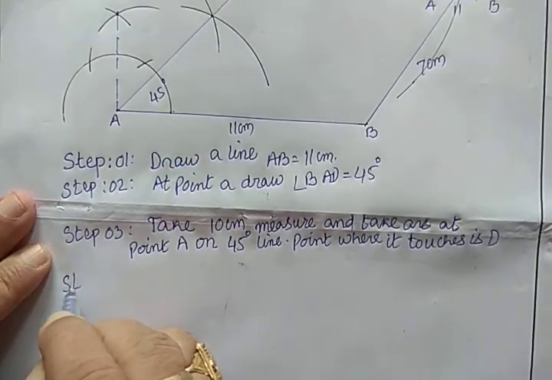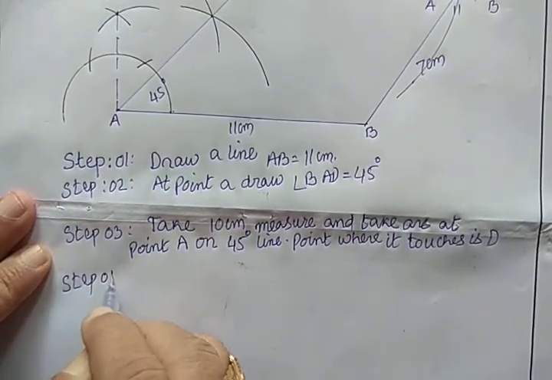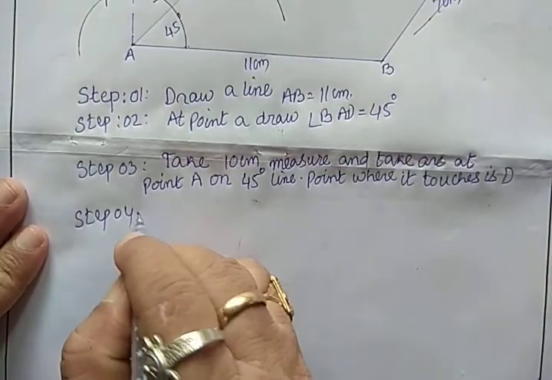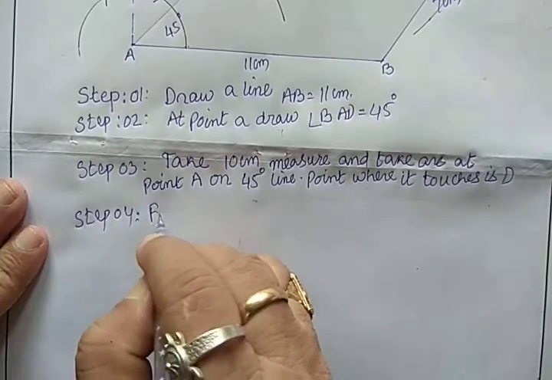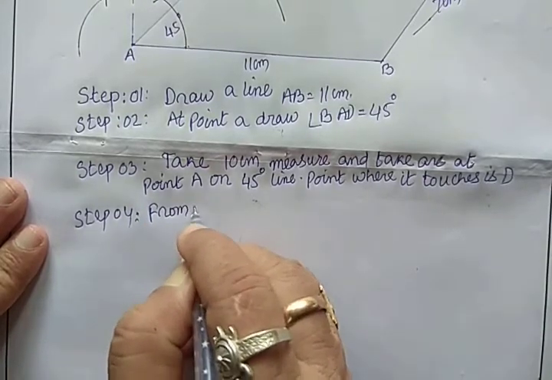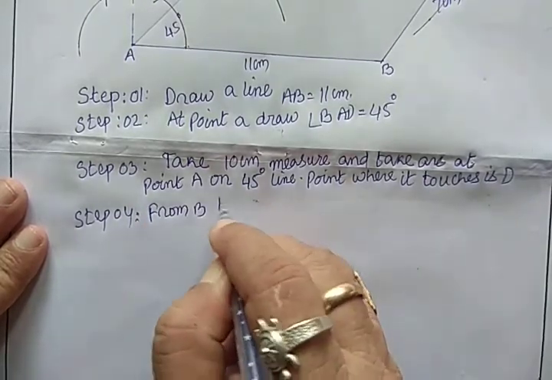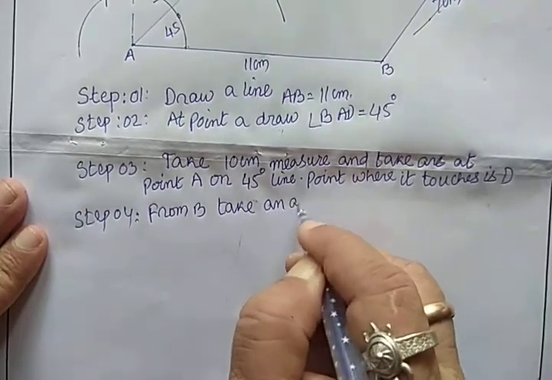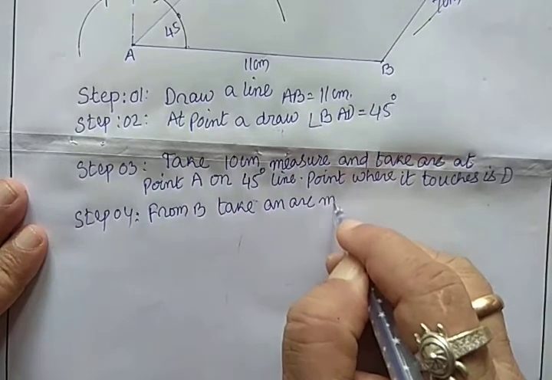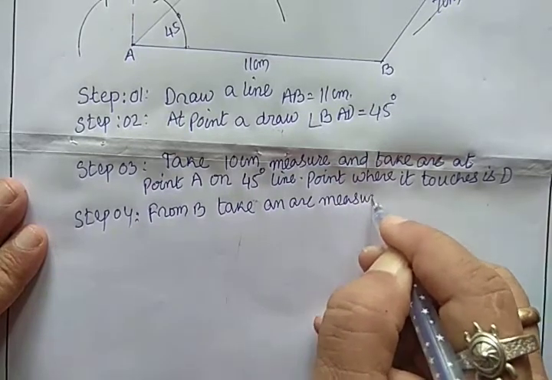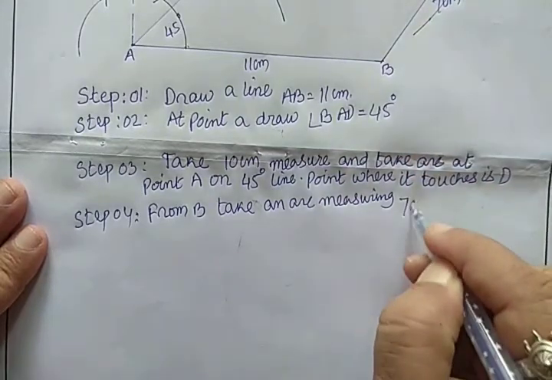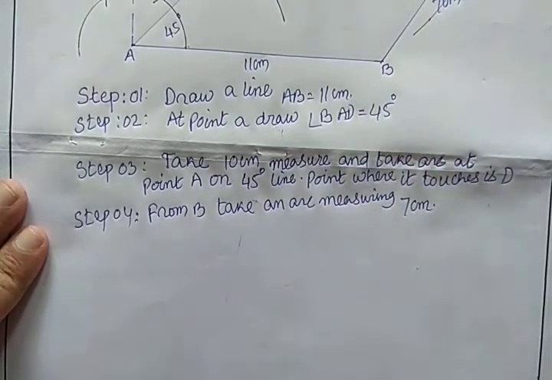Step 4. From B, take an arc measuring how much? 7 centimeters. Clear?